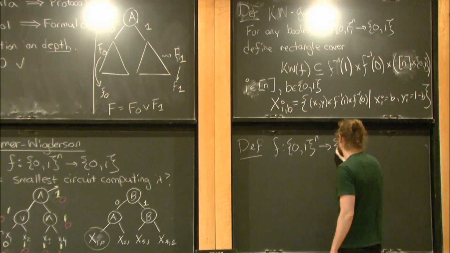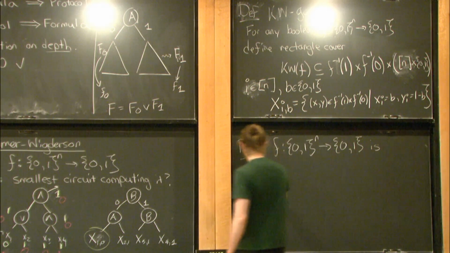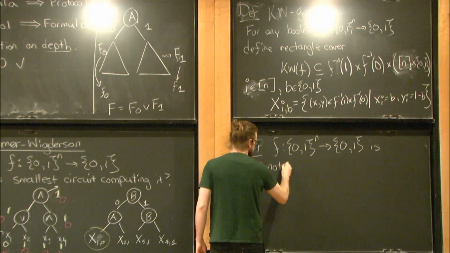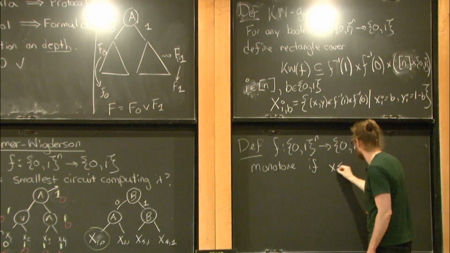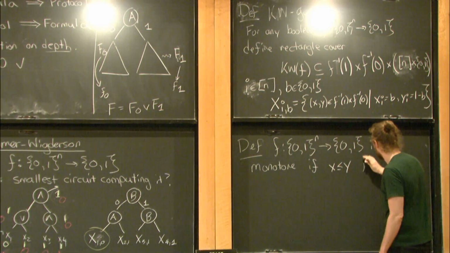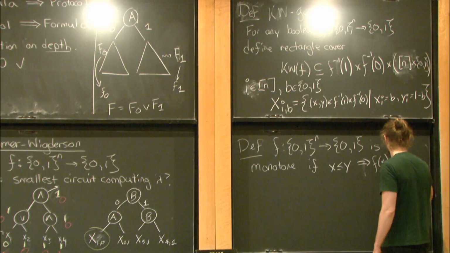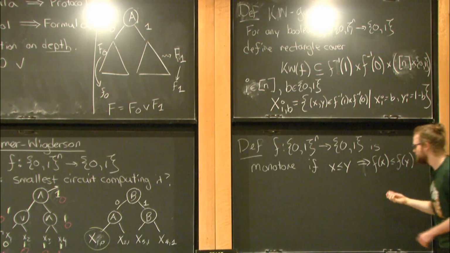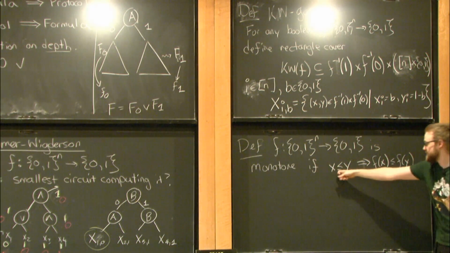So, a Boolean function f is monotone if x is less than y implies f of x is less than f of y. This first less-than is on strings.